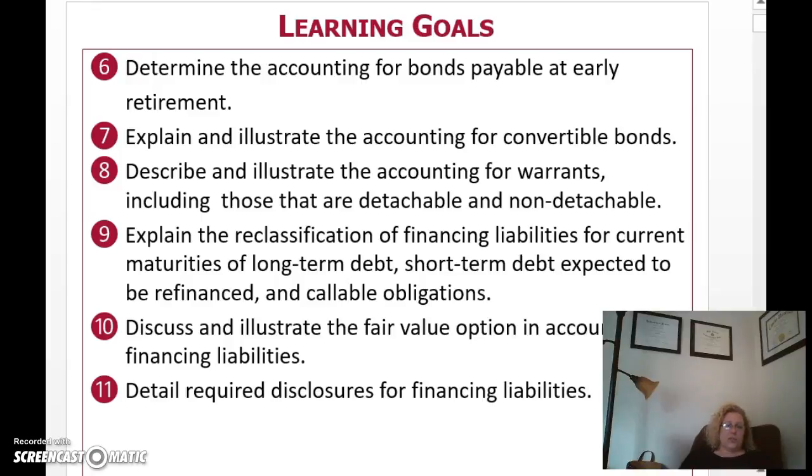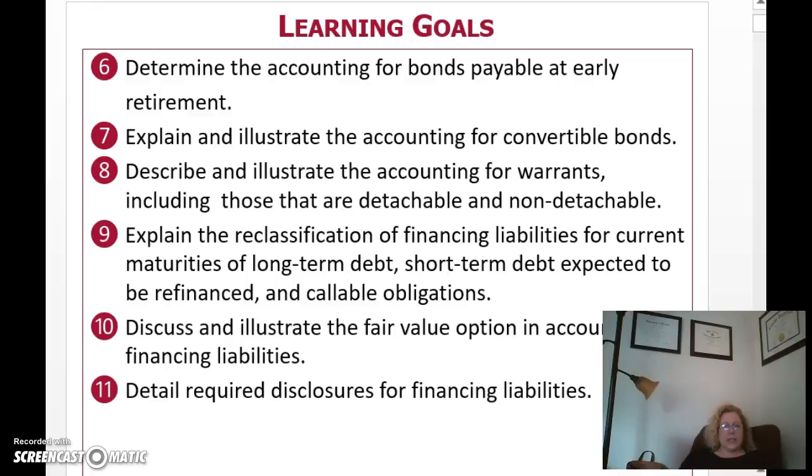A further discussion of bonds delves into a more complex financial instrument, warrants. Learning Goal 8 describes and illustrates accounting for warrants, including those that are detachable and non-detachable. Learning Goal 9 explains the reclassification of financing liabilities for current maturities of long-term debt, short-term debt expected to be refinanced, and callable obligations.